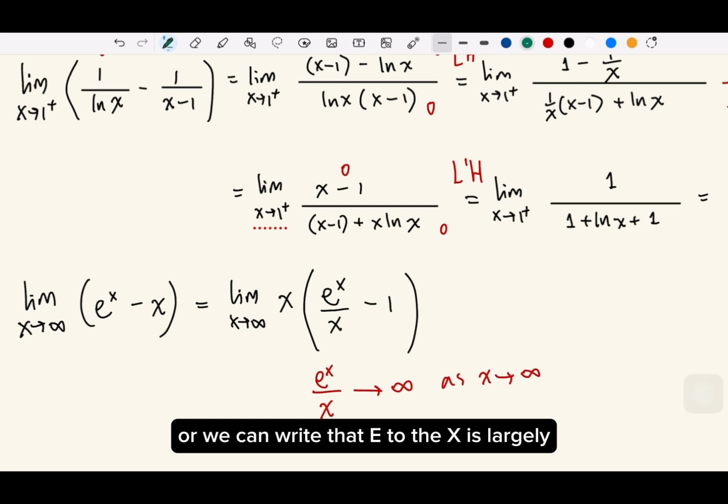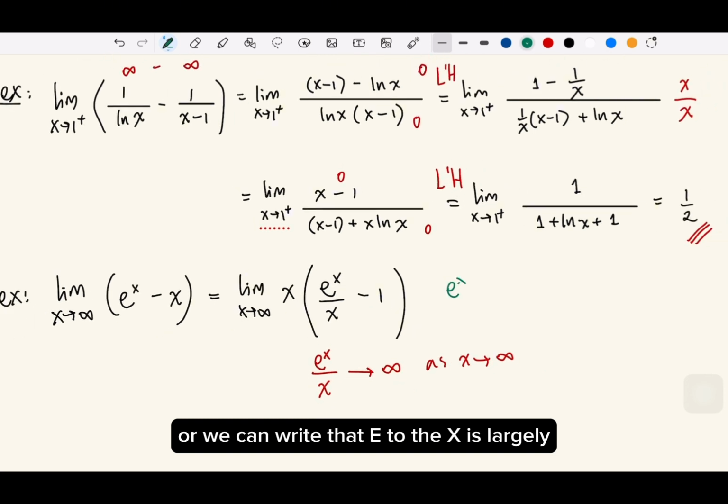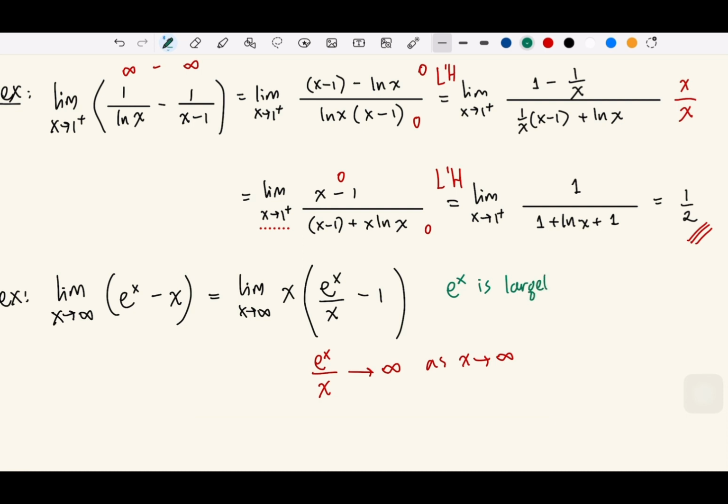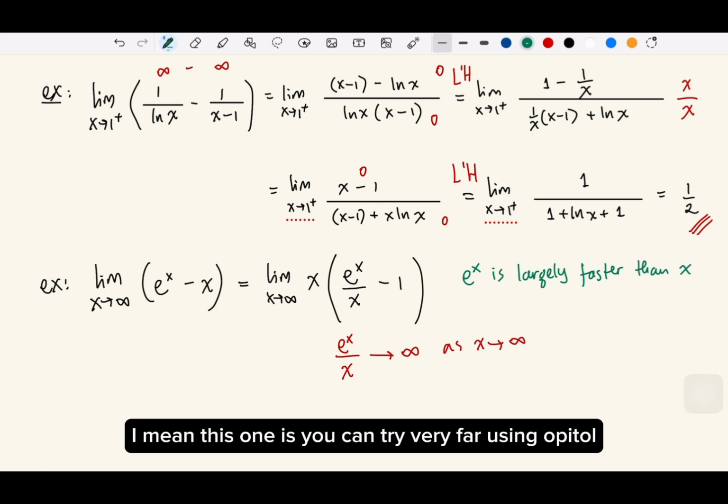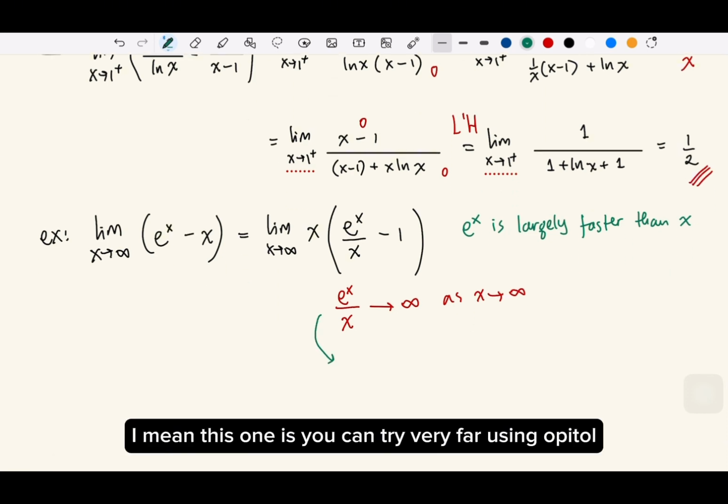Or we can say that e to the x is largely faster than x. I mean, you can try to verify this using L'Hopital.